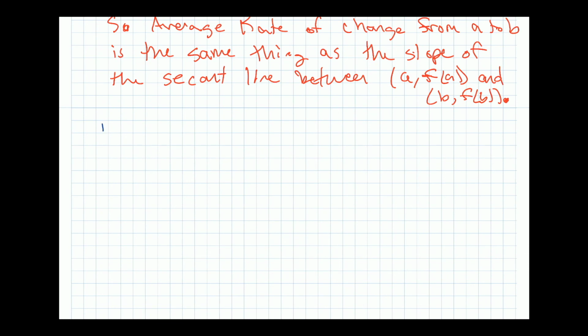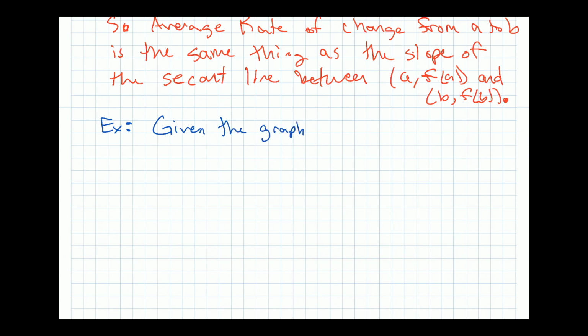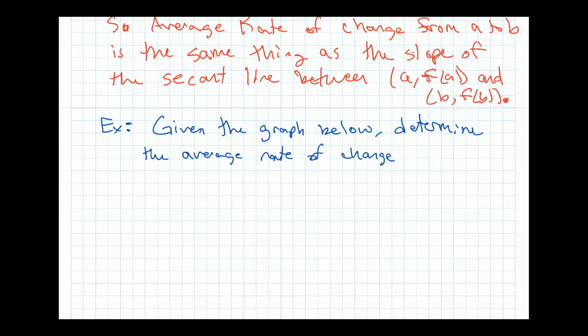Given the graph below, determine the average rate of change from x equals -5 to x equals 1.